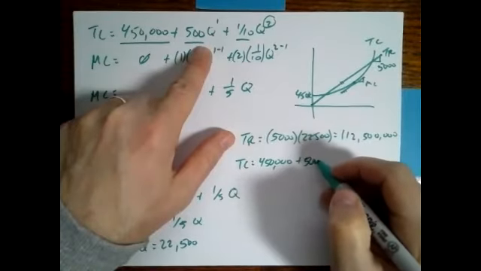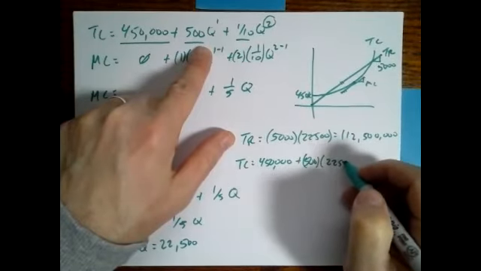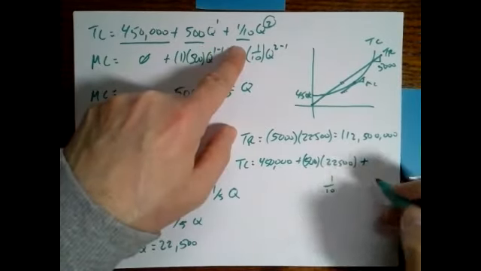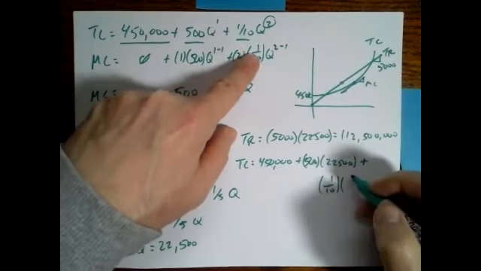Total cost is going to be 450,000 plus 500 times 22,500 plus 1/10 times Q squared.